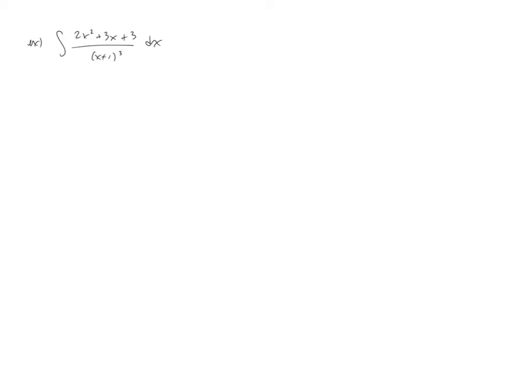So I'll start with the 2x squared plus 3x plus 3 over x plus 1, x plus 1, and x plus 1. Remember, for this to work, it's got to be factored completely, almost to the point where it seems a bit much. But I do have three different things that I'm going to need to combine and add up to get my original result.